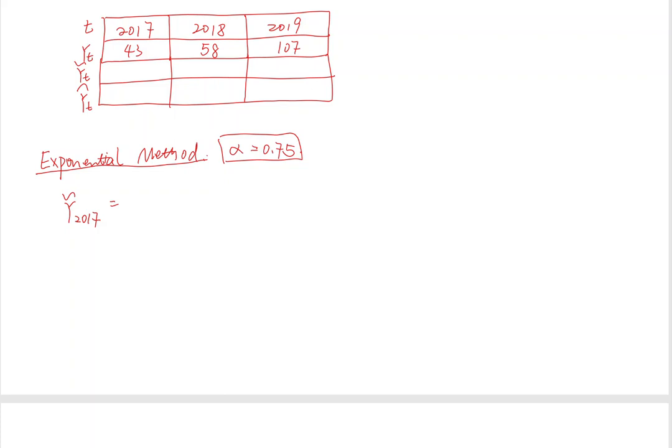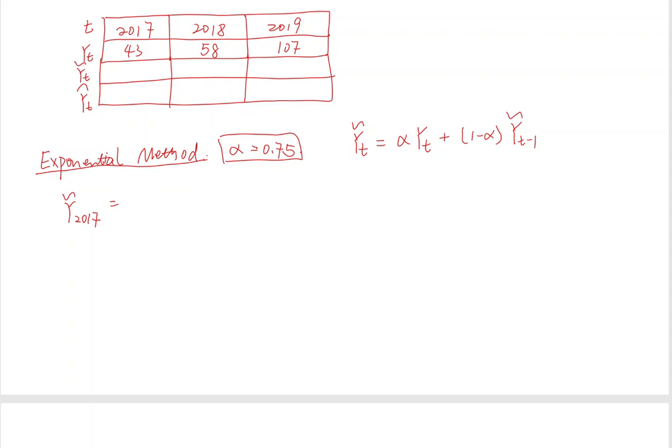Alright, so since you don't have the first one, you need this one to get to the next one. Remember, our formula is: the estimated value at time t equals alpha times the current value plus 1 minus alpha times the previous estimated value. So we need to set the first starting point.